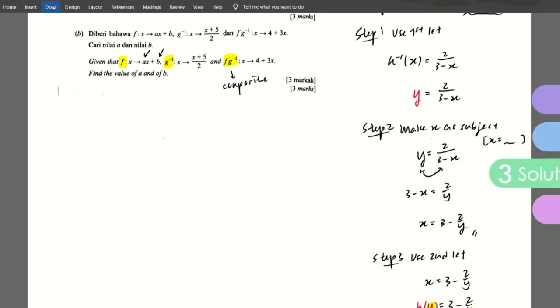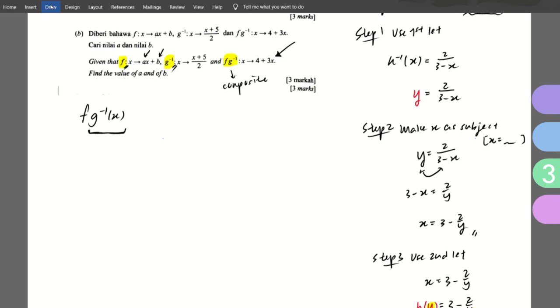Here we can actually form our own f g inverse function, since this question gives these two functions here. We can just form our own and then compare it with the one given here. Now we need to find this composite function. For these kinds of functions, we need to look at the ones inside first instead of outside.